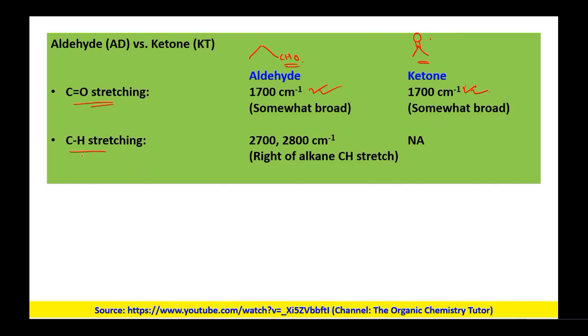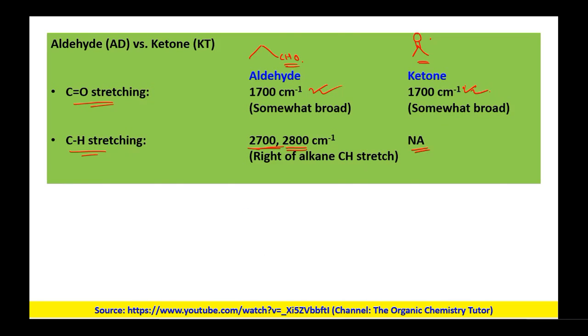However, in the case of aldehyde, you will be getting this CH stretching at 2700 and 2800, to the right of the alkane CH stretch. Whereas in the ketone you will not be getting it over here.